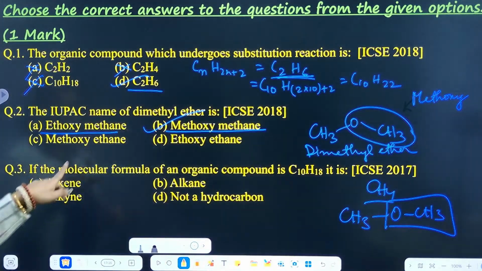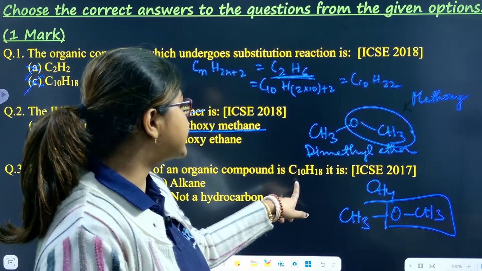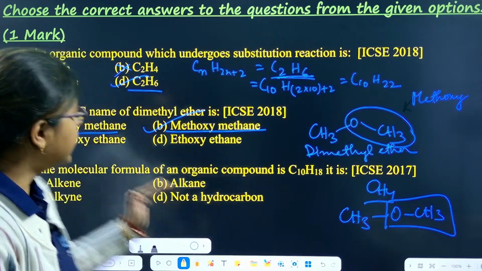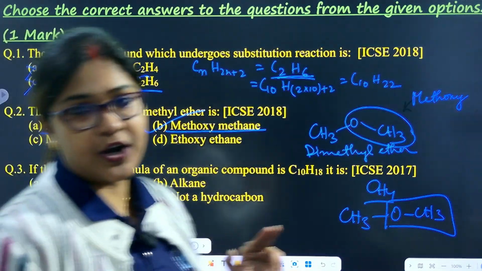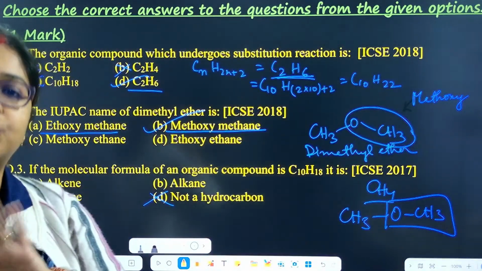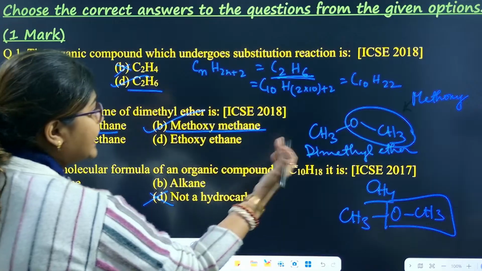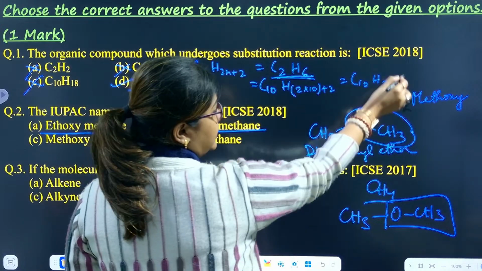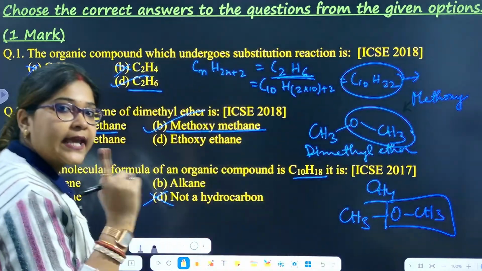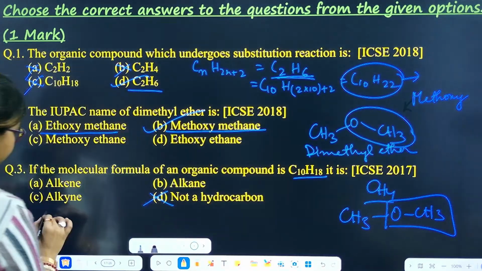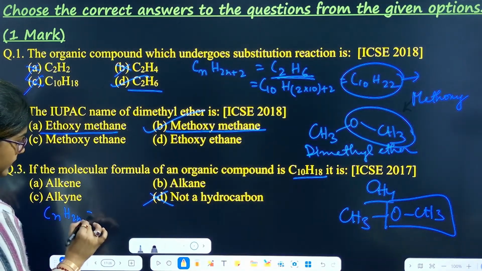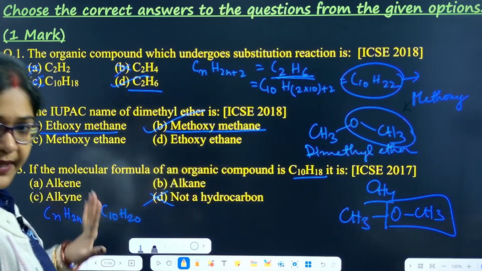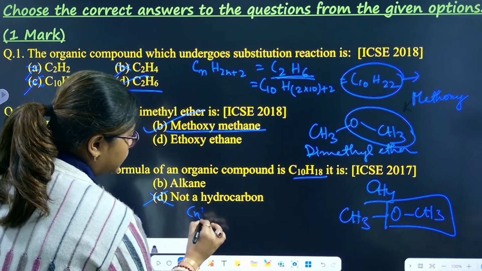methoxymethane. If the molecular formula of an organic compound is C10H18, it is alkene, alkyne, alkane, not a hydrocarbon. This तो cannot be because you know hydrocarbons have carbon, hydrogen, CH2 unit रहता ही रहता है. So C10H18 अगर तुम इसको जनरल फॉर्मूला में डालोगे, alkane होता तो नहीं होता, इसका फॉर्मूला है alkane, C10H22 होता. अगर alkene होता है तो CnH2n है, so C10H फिर 20 होता. ठीक है, तो फिर ये भी नहीं है. अल्काइन होता तो क्या होता?